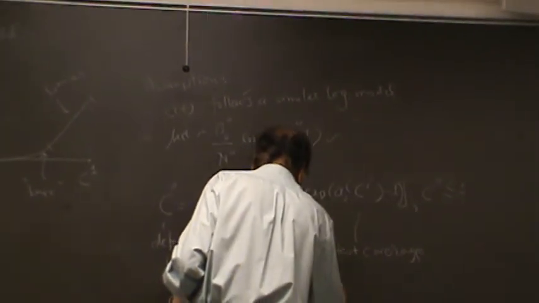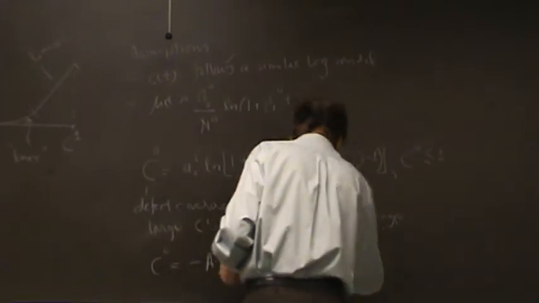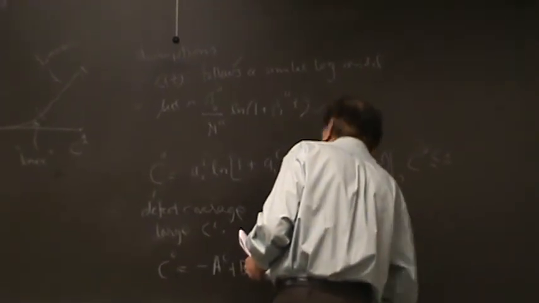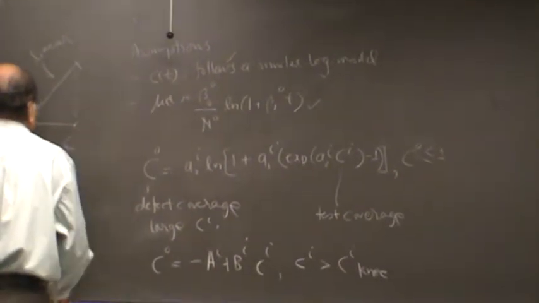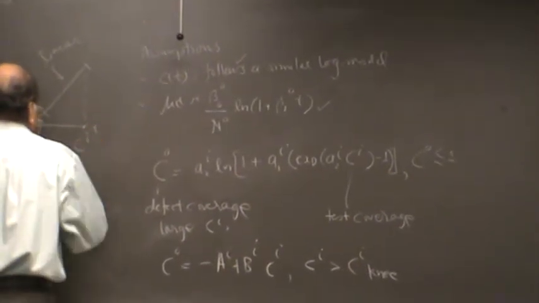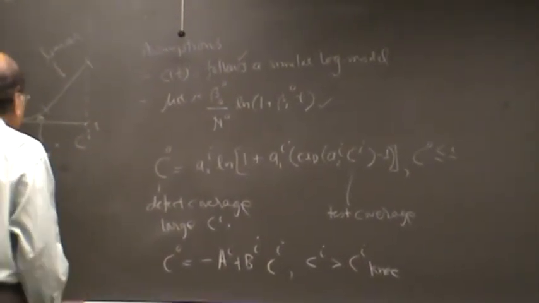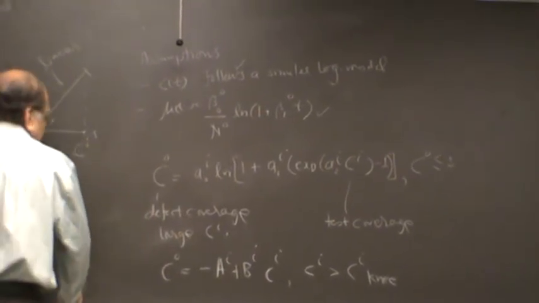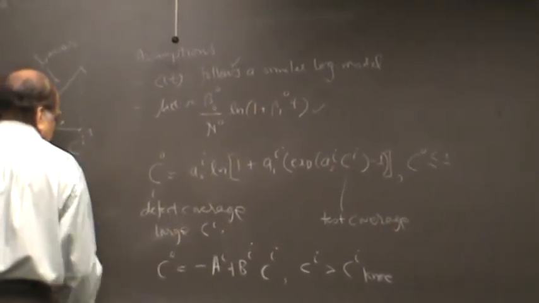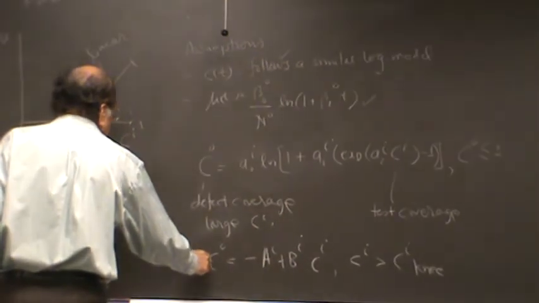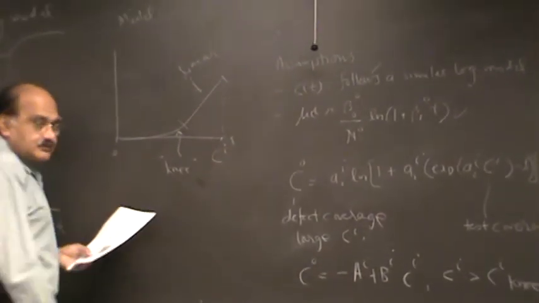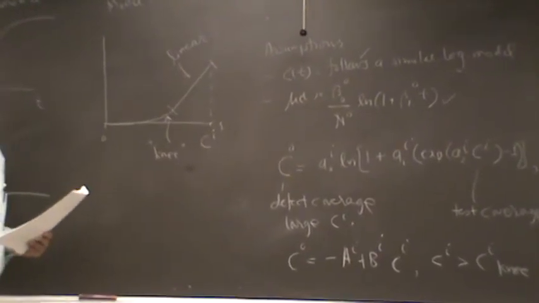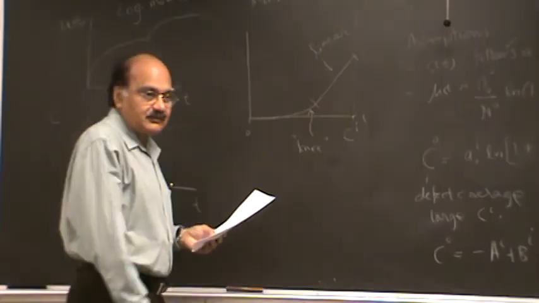And this is for C sub I greater than C sub I ni. So this is your C sub I, and this here is the ni. And now notice that this is defect coverage, and mu is the number of faults, and coverage of course is a normalized number which is between 0 and 1.